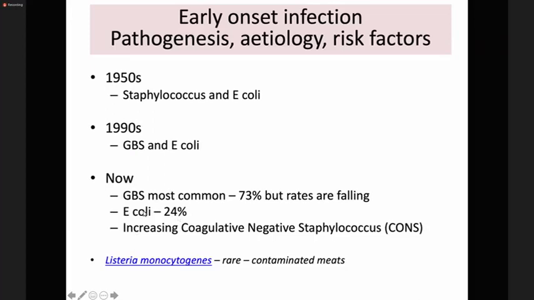Coliforms should become less with improved hygiene, but with equipment, plastic tubing, commensals like coagulase-negative staph can occur. So you can see with time, the etiology kind of changes.